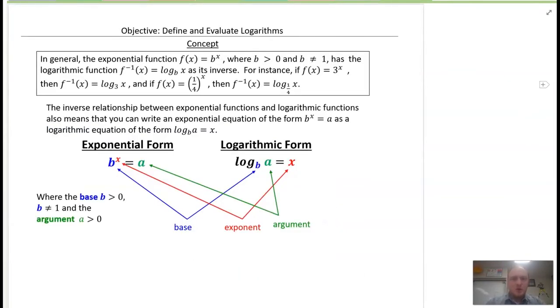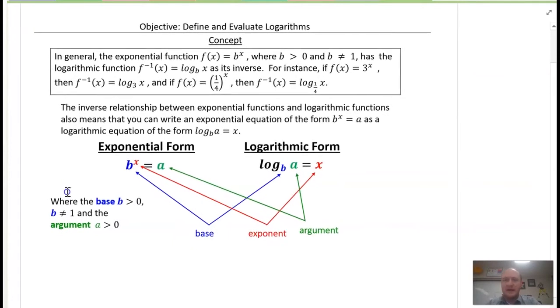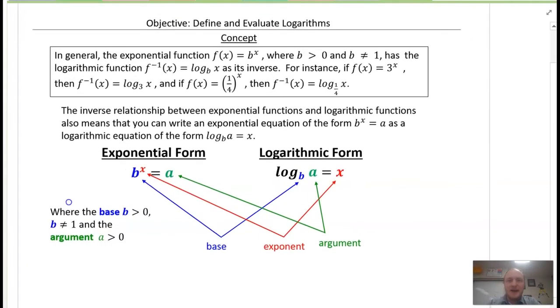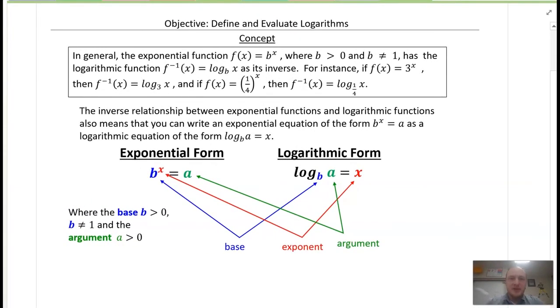So how do we define a logarithm? In general, the exponential function f of x equals b to the x, where b must be a positive value that's not 1, has the logarithmic function f inverse of x equals log base b of x as its inverse. Again, the diagram is down here.